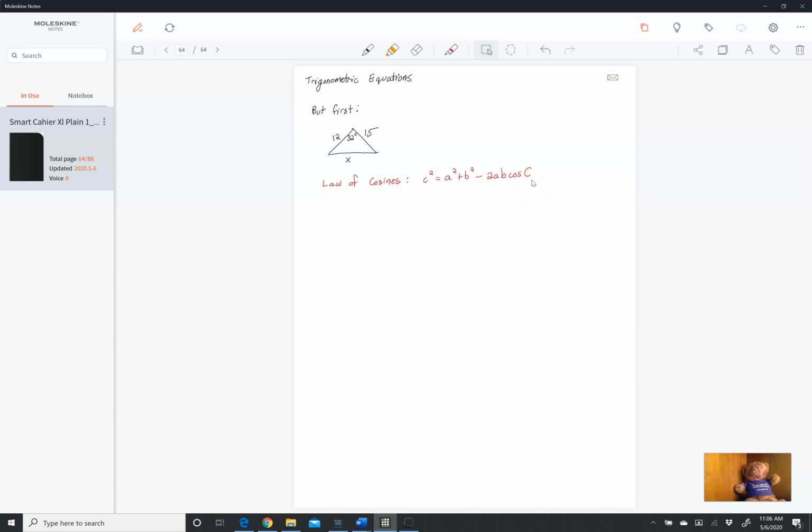So for example, this would be side C because this is what we're looking for, and this would be angle C. So in order to find side C, we have to know the angle that's opposite it because that's what we use in our formula, okay? So in order to find this side, we have to know the angle that's opposite.